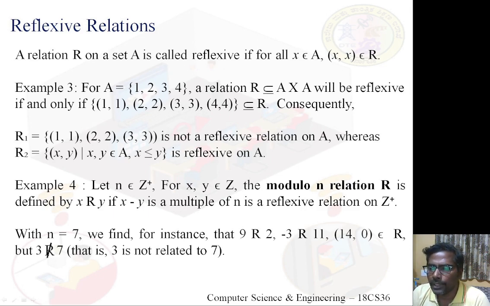I mean to say, if the relation R2 defined on A is less than or equal to, then we have all 4 ordered pairs: 1, 1 because 1 is less than or equal to 1, 2, 2 because 2 is less than or equal to 2, 3, 3 because 3 is less than or equal to 3, and 4, 4 because 4 is less than or equal to 4.